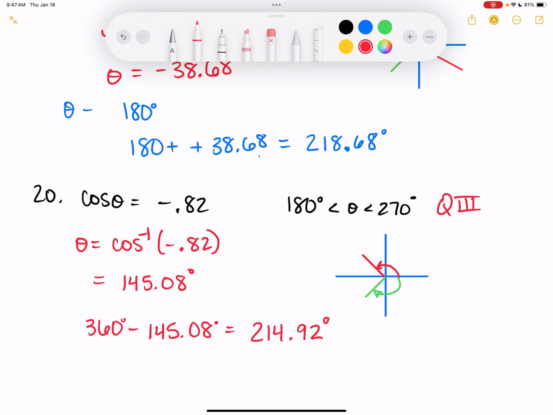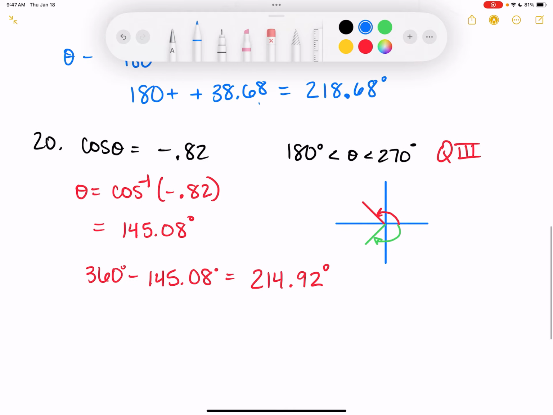But when you're done, let's say you're not sure you did it right, if you plug in the cosine of 214.92, what do you get? Which is where I started, so I know that I have the right angle.